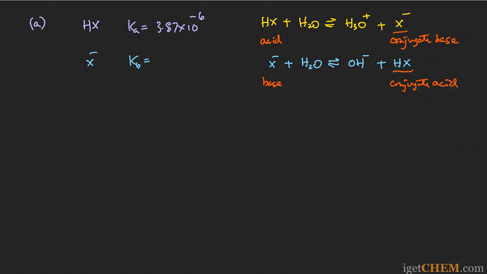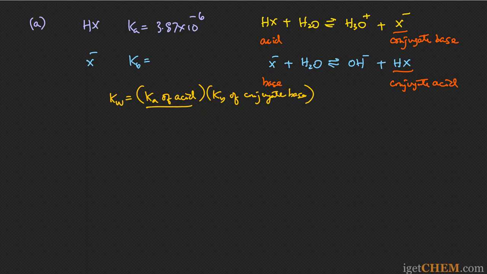And we all know that the relationship between Ka of the acid and Kb of its conjugate base is that Kw is equal to Ka of the acid multiplied by its Kb value of the conjugate base. So in this case, we know the Ka value for HX, and we want to use that to calculate the Kb value of the conjugate base, which is X minus.